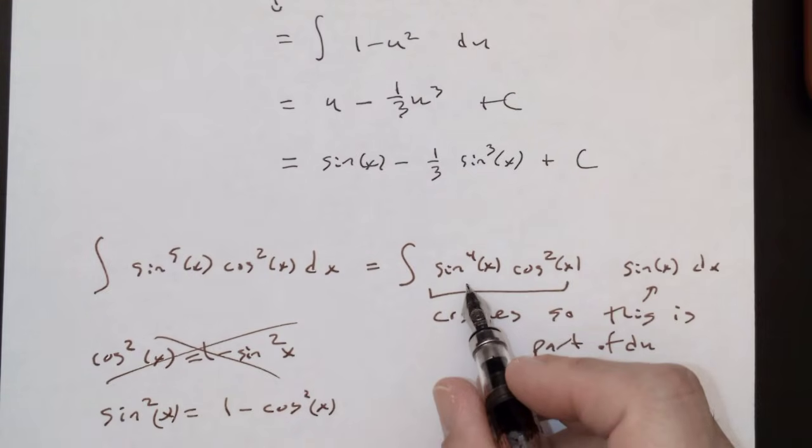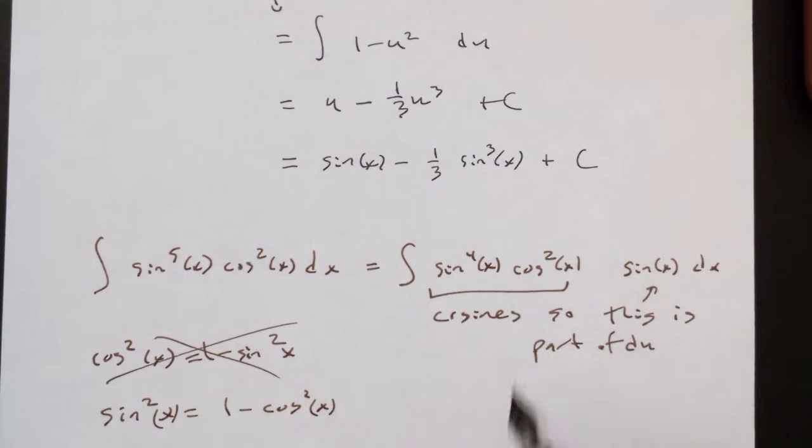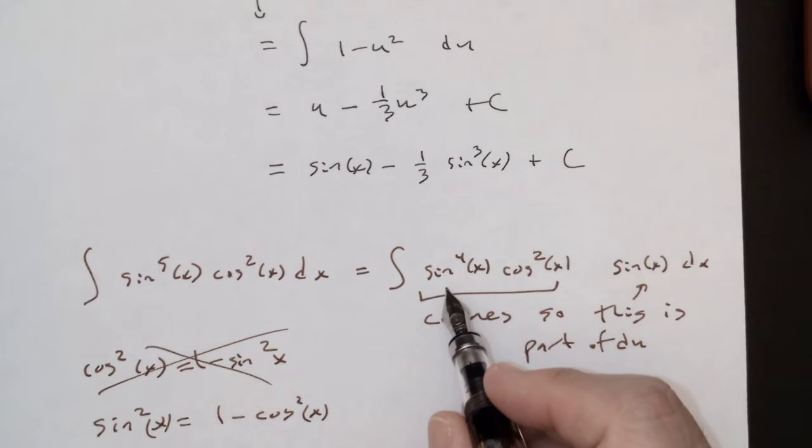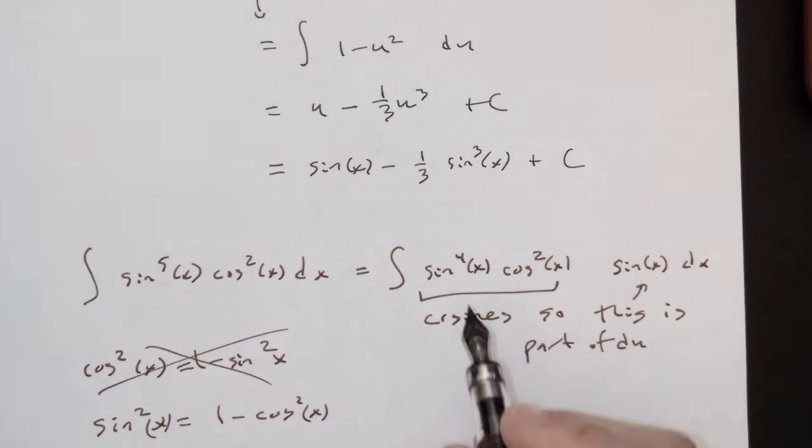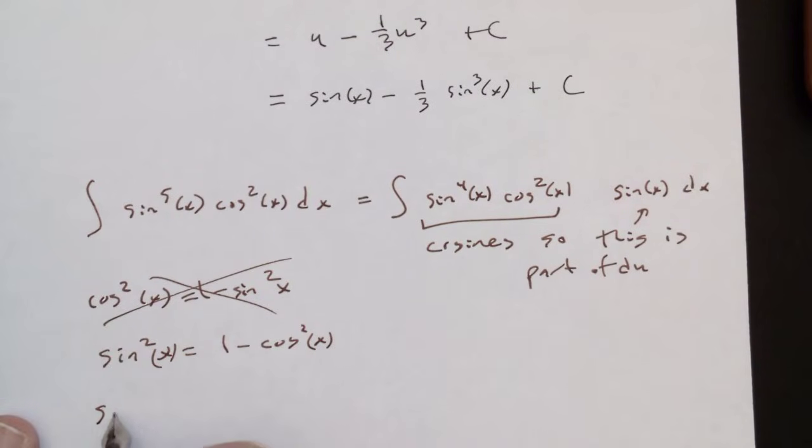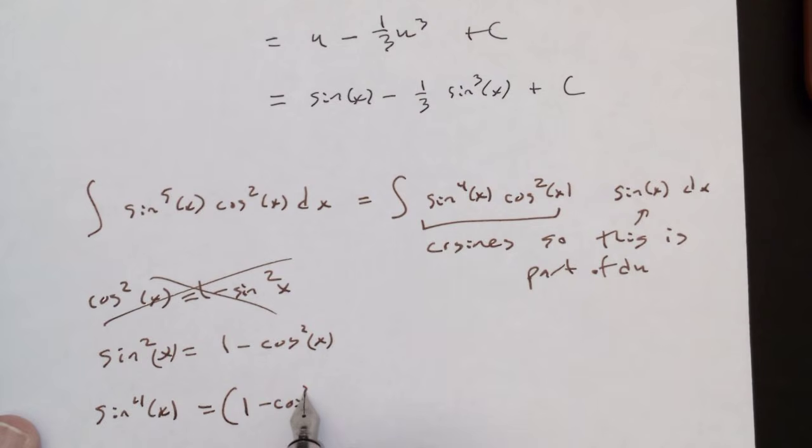Okay, well, then I can get rid of the sines, wait a minute, this is sine squared, this is sine to the fourth. Just square it. Sine to the fourth would be 1 minus cosine squared, squared.